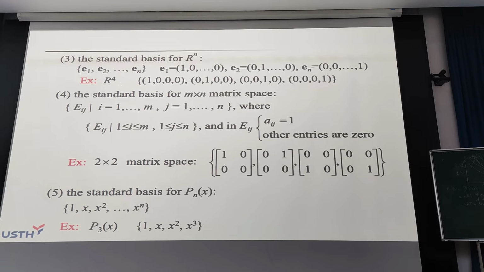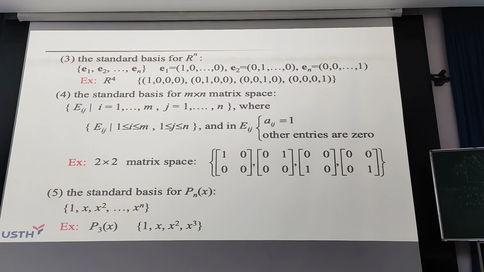For example, if you consider R4, there are 4 vectors in the standard basis like here. Then the next two examples, we consider the standard basis for the matrix space and for the polynomial space.